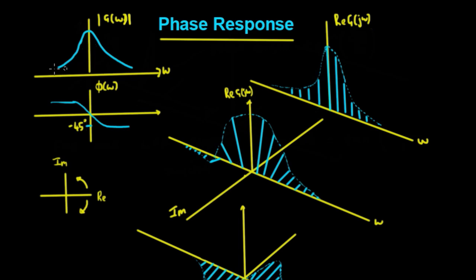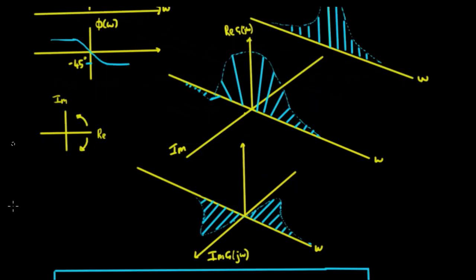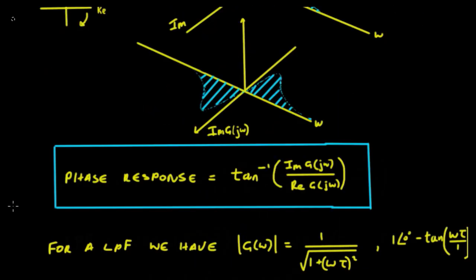We know we represent it in terms of a magnitude. That's our magnitude of g omega, which are these lengths here, and also a phase, and the phase is the angle. Now the phase response here is defined as the inverse tan of the imaginary part of our function divided by the real part of our function.